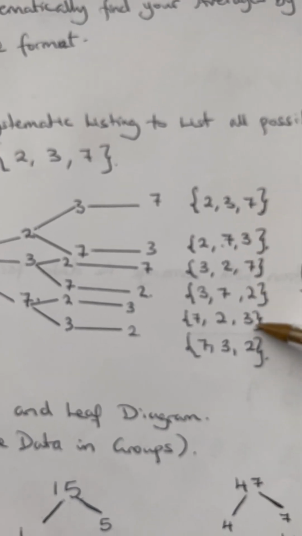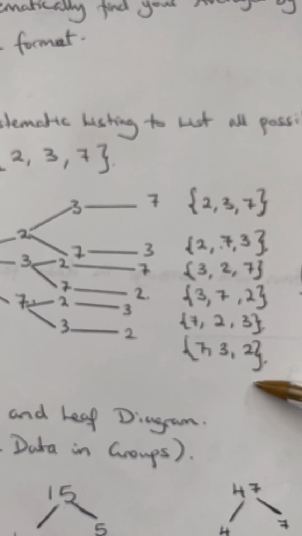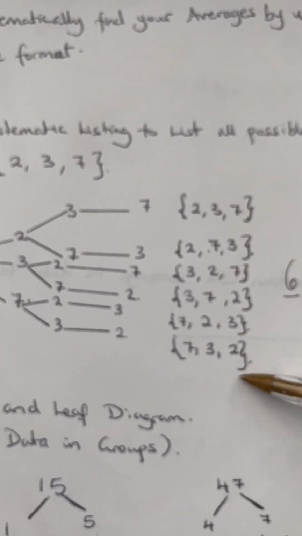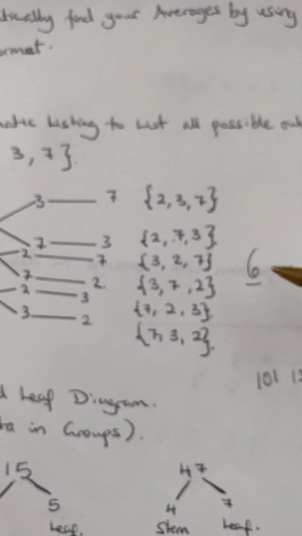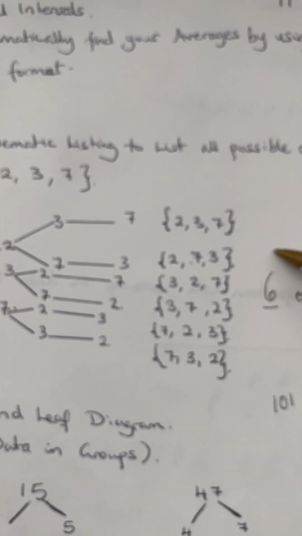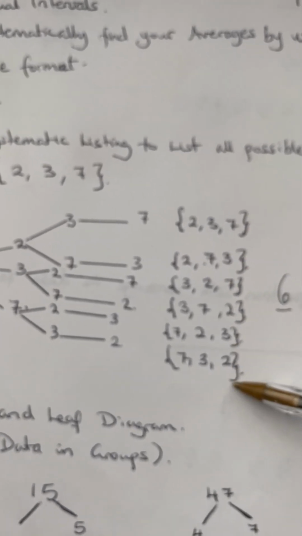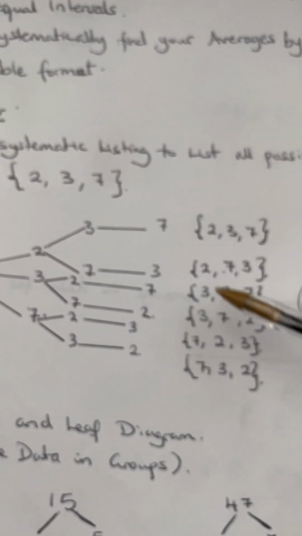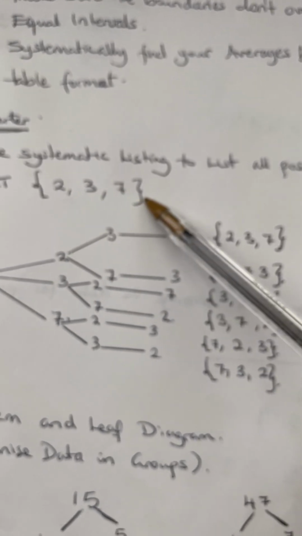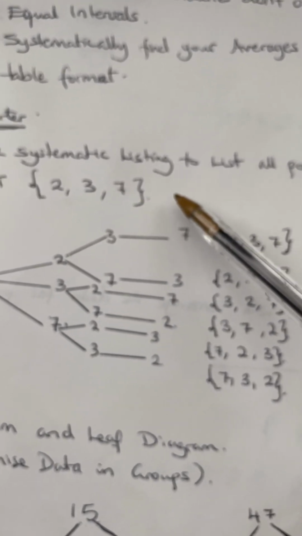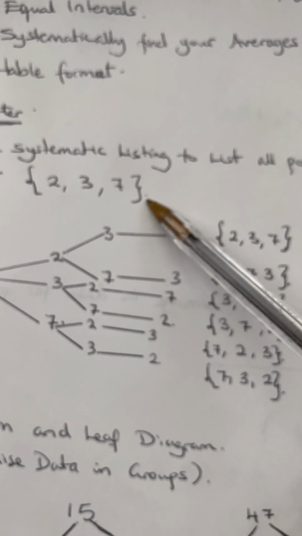So you have a total of 6 outcomes. So whatever you get, your denominator will be 6 because you have a total of 6 outcomes from this set of 3 numbers occurring at the same time.